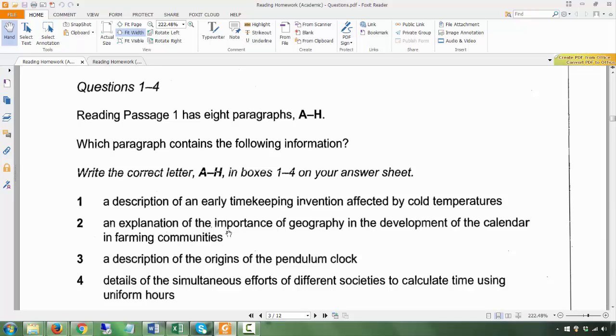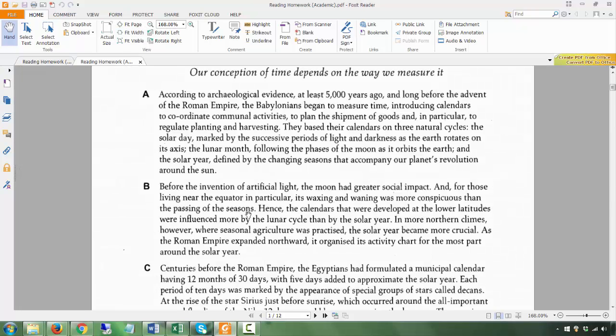And there's a reason why they put in farming communities. There has to be something there somewhere, all right? Again, most likely you're not going to see the phrase farming communities there. So there are different ways of explaining that this is happening in farming communities, okay? Paraphrases, synonyms. So let's go to 2. The answer is in B.